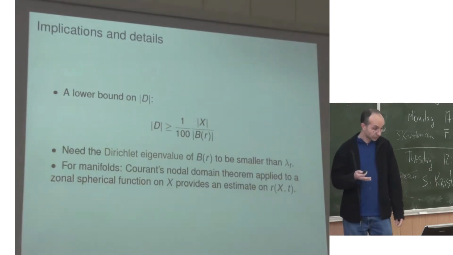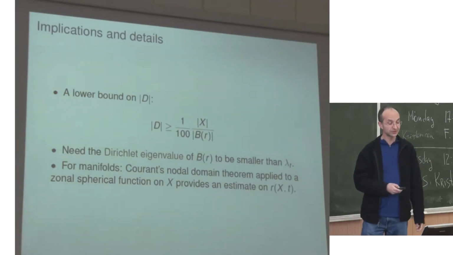And so, how do we get this? For manifolds, we get this through Courant's nodal domain theorem, which tells us that if you have an eigenfunction of the Laplacian, then every node, so what's a nodal domain of the function? Let's take a function integrating to 0, it has negative, positive, and zero values. Remove all the zeros, the space decomposes, and each connected component is a nodal domain.